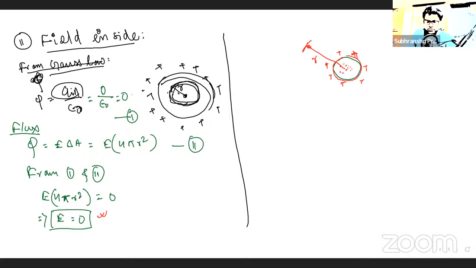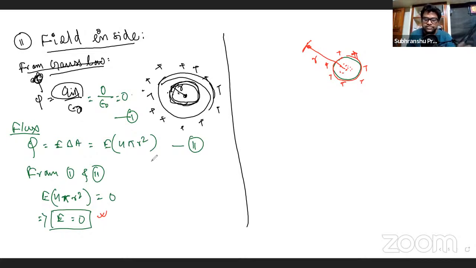So these are the two conclusions we are getting: for a charged spherical cell like a football or any object, if the surface is charged, then outside the cell there is a field, and inside that object the field will be 0.